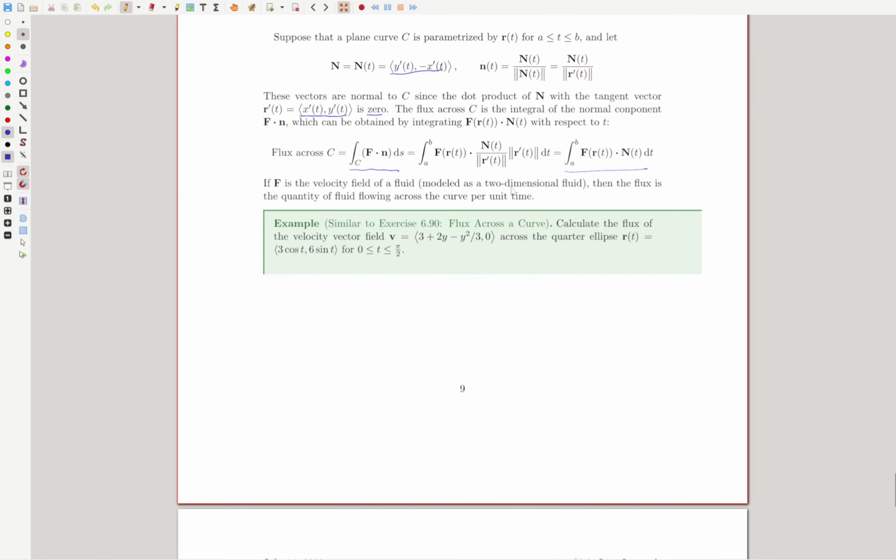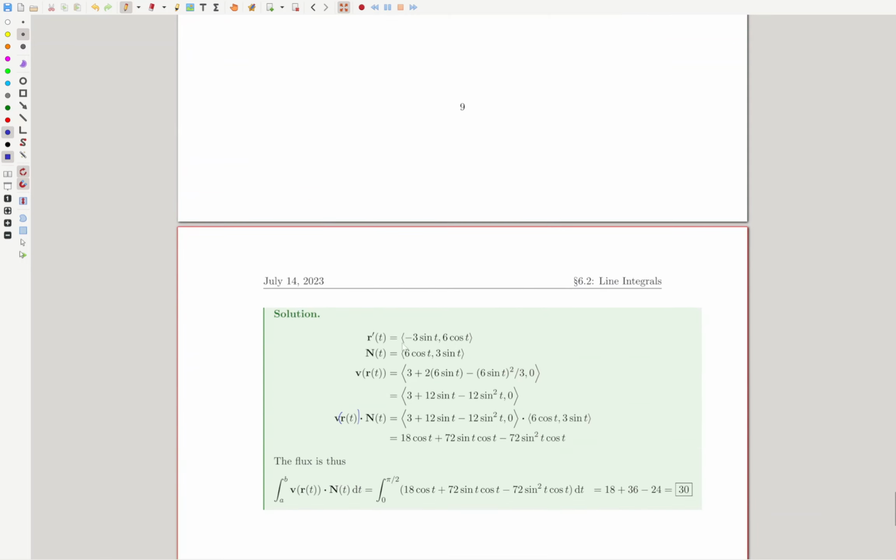Now in this problem, the notation got changed a little bit. Instead of F for the vector field, V was used because it's a vector field of velocity. Otherwise it's all very much the same.